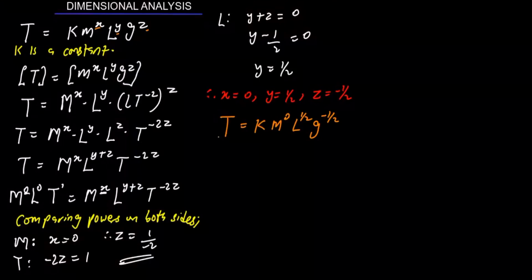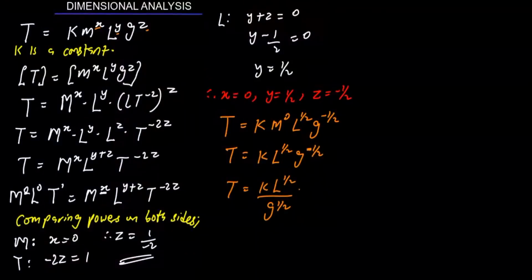So I have T equal K. Anything raised to power 0 is 1, so that will have no effect. G raised to power minus half. Now, when it is minus half, it is possible for you to bring it down the equation, so we turn it to g raised to power half. When I bring this to a denominator, this minus will disappear. Observe, this power is common to both of them.